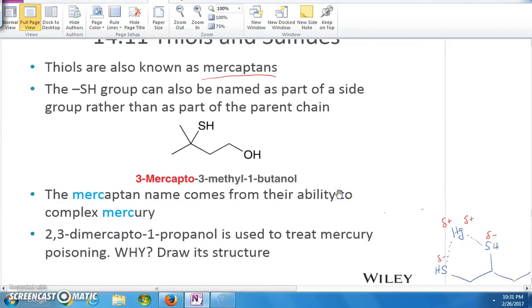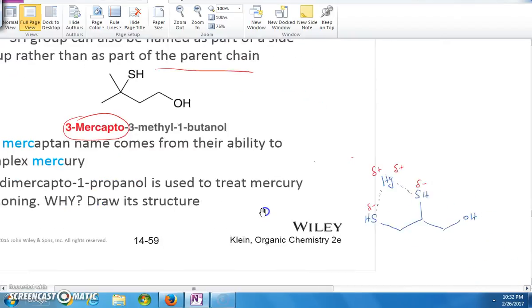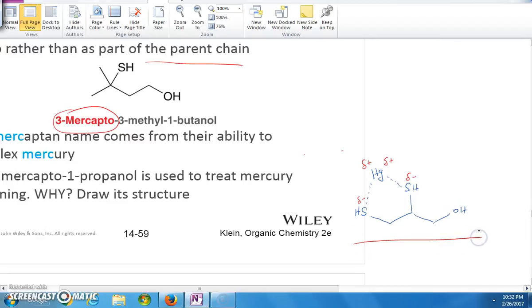Now thiols are also known as mercaptans. An SH group can also be named as a part of a side group rather than part of the parent chain. In that case, it is called a mercapto group. The reason it is called mercaptan is that it reacts with mercury, and it can be treated using 2,3-dimercapto-1-propanol.